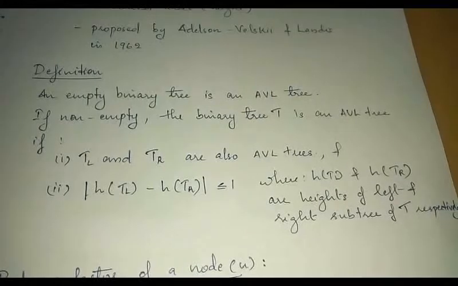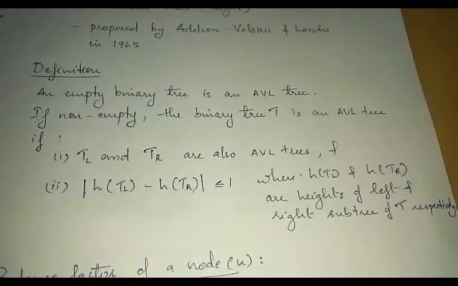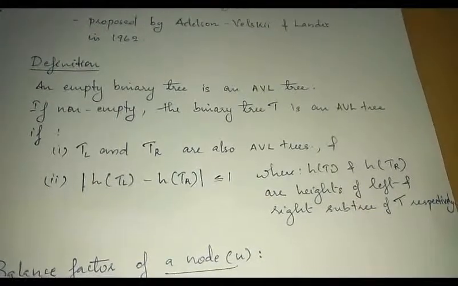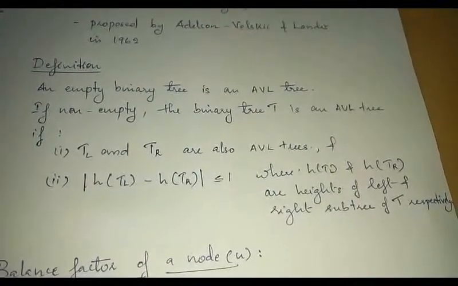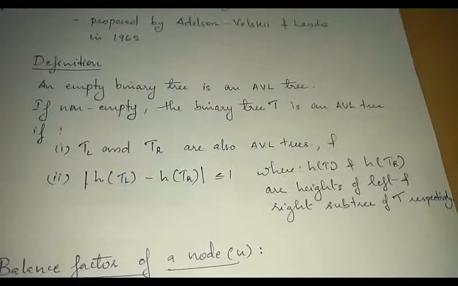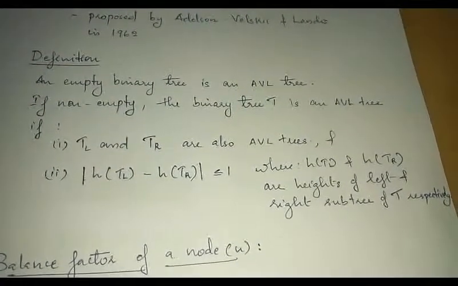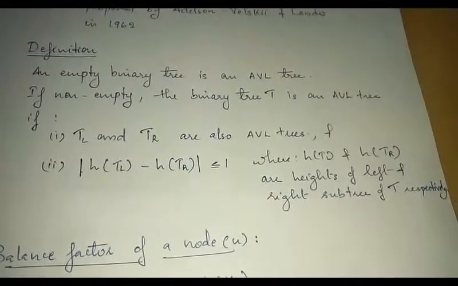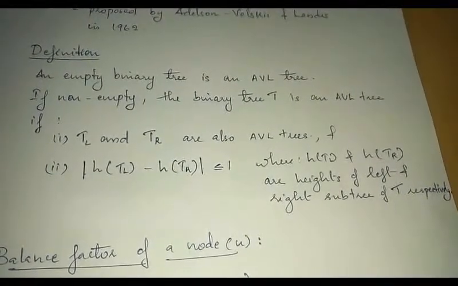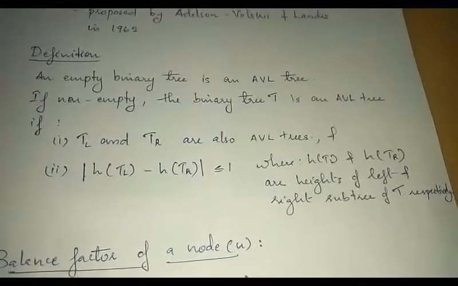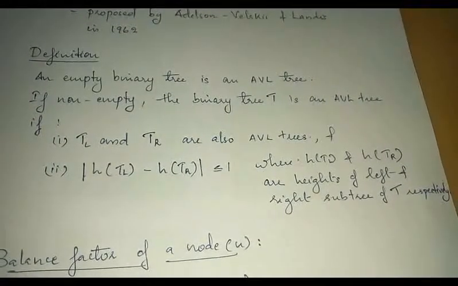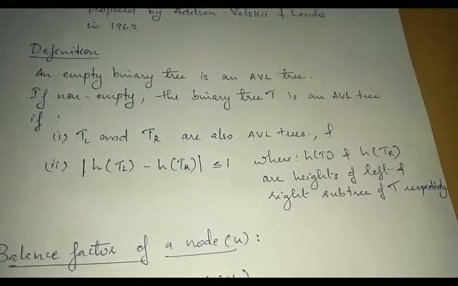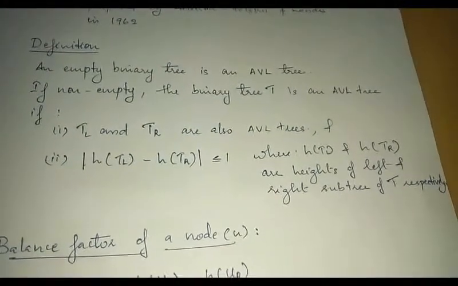A binary tree T can be called an AVL tree if TL and TR, the left subtree and the right subtree of the tree, are AVL trees, and the difference in the height of the left subtree and the right subtree is less than or equal to 1. So these are the two conditions. If these two conditions are satisfied, then a non-empty binary tree can be called an AVL tree.